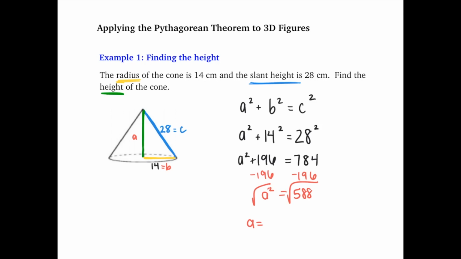I'll round to the hundredths, and I got 24.25. So my vertical height would be 24.25 centimeters if my slant height is 28 and my radius is 14. That makes sense because the hypotenuse has to be your longest side, so it couldn't be any higher than 28. I think that looks pretty good.